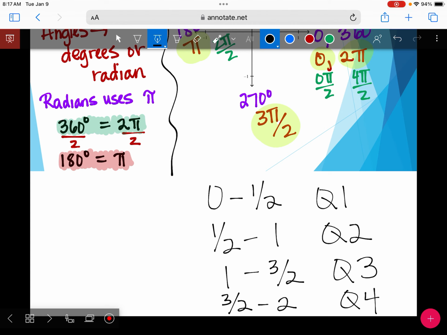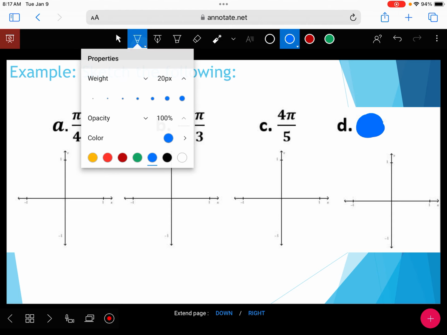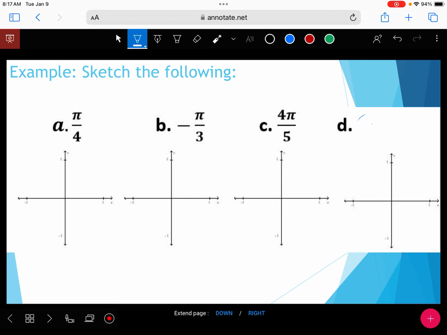Okay, so let's take a minute and copy down these 3 or 4. I'm going to change the 4th one though. And we're going to graph these 4. So we're going to graph all 4 of these angles in radians. We need to figure out which quadrant we are in.